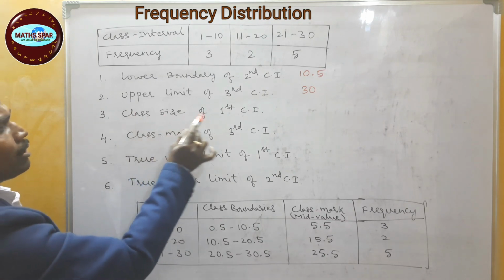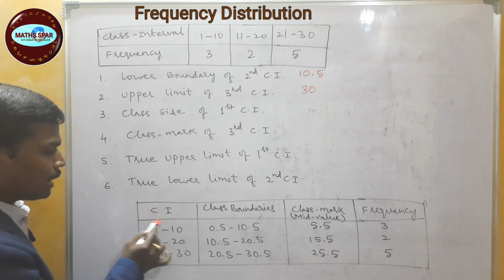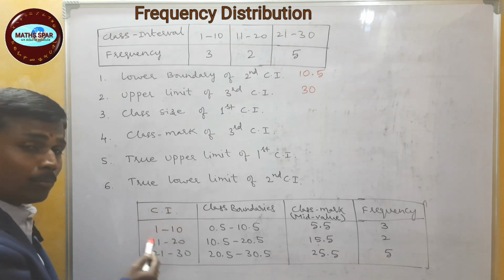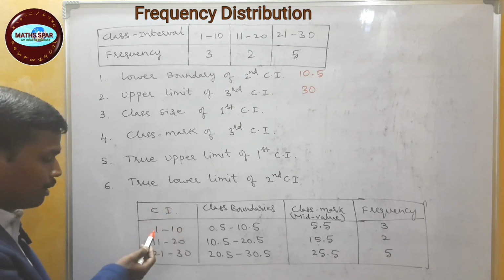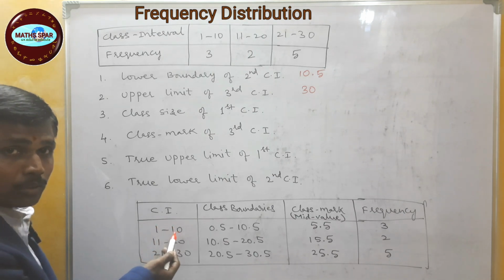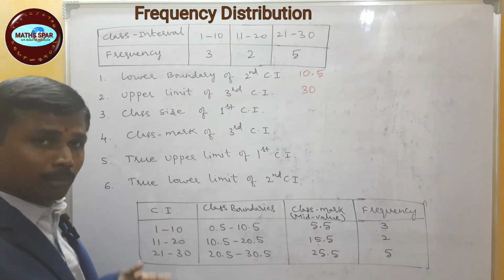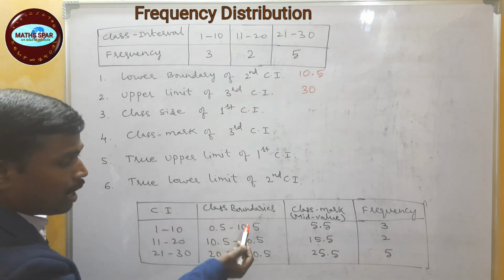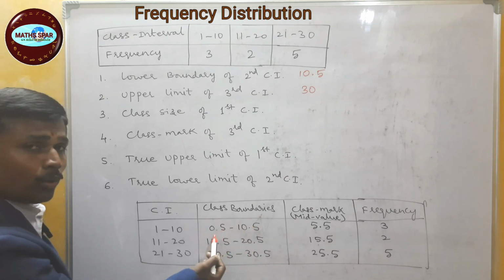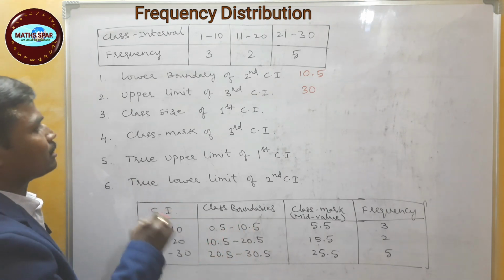Then the class size of the first class interval. What is this class size? Class size is nothing but how many numbers are included in this class interval. Here it is an inclusive class interval, so 1 is included, 10 is also included. So you can count from 1 to 10, which is 10, or else upper boundary minus lower boundary is its class size.